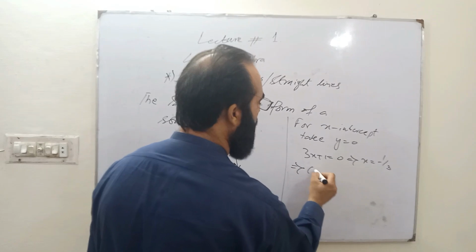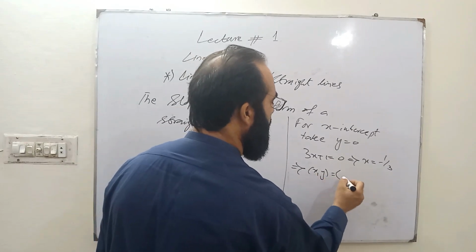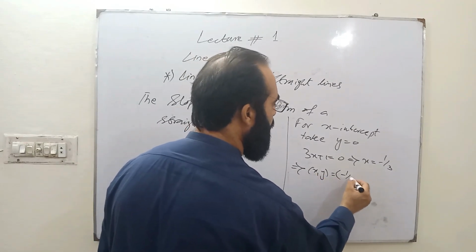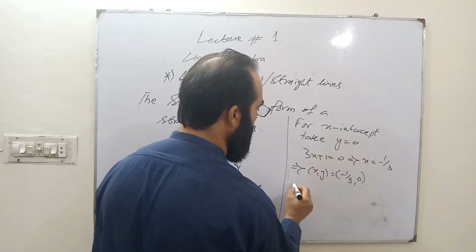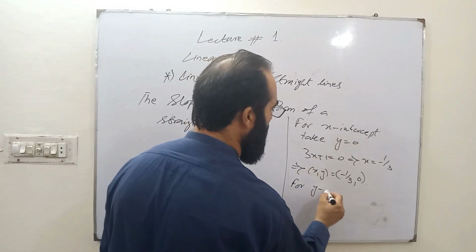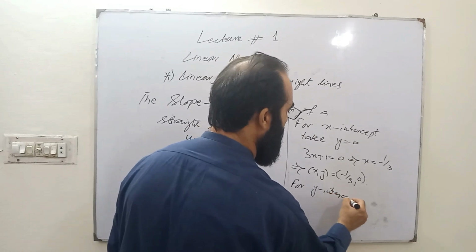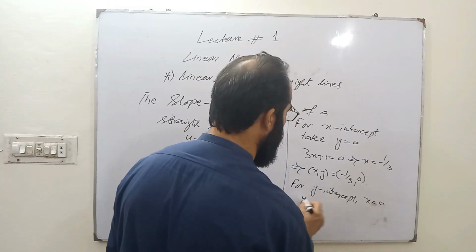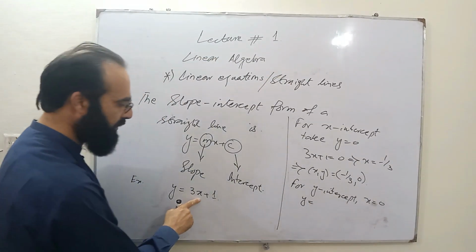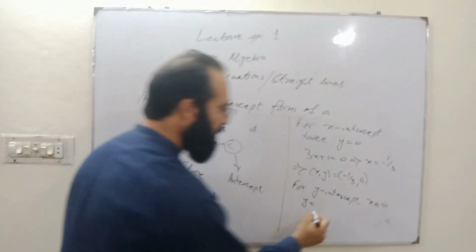Hence, we obtain a point in the xy plane, which is minus 1 over 3, 0. Similarly, for y-intercept, take x is equal to 0. Then x equals 0 means y is equal to 1.